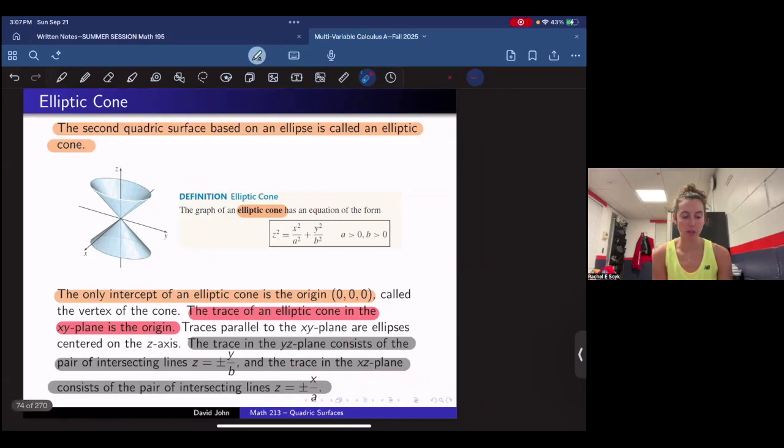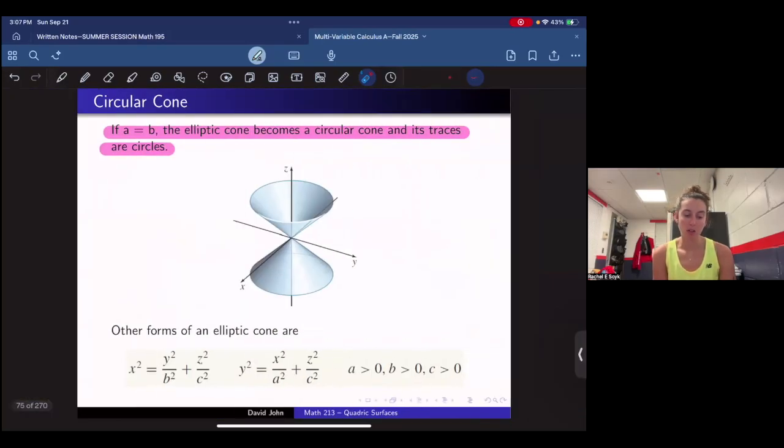Some famous properties: we have a circular cone, which is created when a and b are identical to one another, and then the traces are circles. Down below here are just other forms of elliptic cones with their restrictions on a, b, and c being positive.